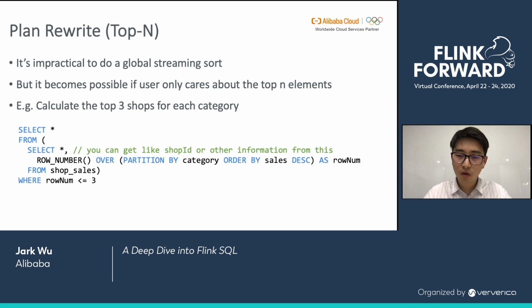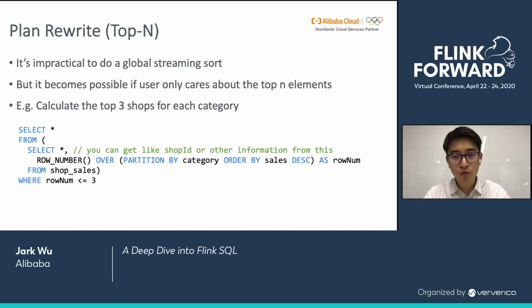Or you have to emit the whole sorted data set when you receive each record. If you have received 1 million records, you have to output 1 million sorted records for the newly coming record, and then 1 million again for the next one. So it's quite expensive and impractical.